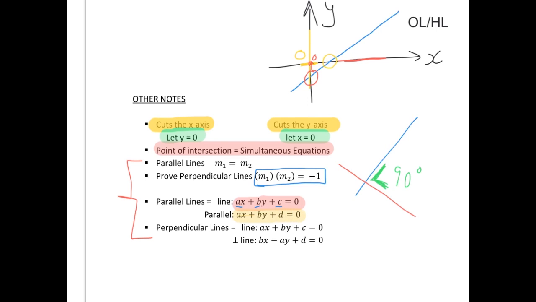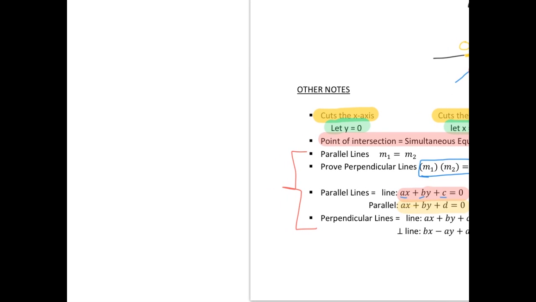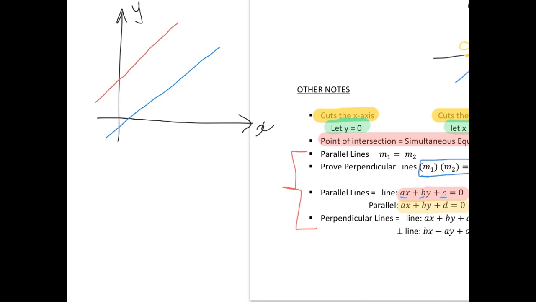So what that means is we have two lines that have the same slope but cut the y-axis at two different points. So if we draw our x and y axes, and we have two lines, say here and here, that are parallel.